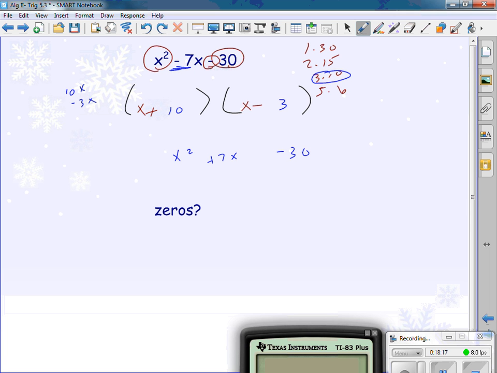What's wrong? It's a plus and it should be a minus. You need to be careful of which one goes where. What are my zeros? -3, positive 10.